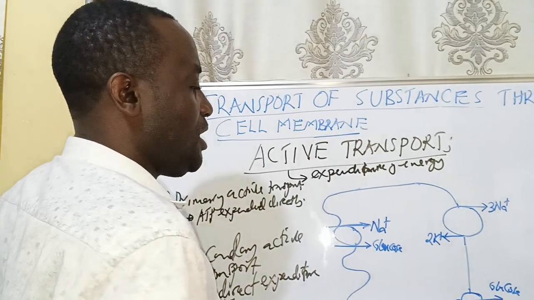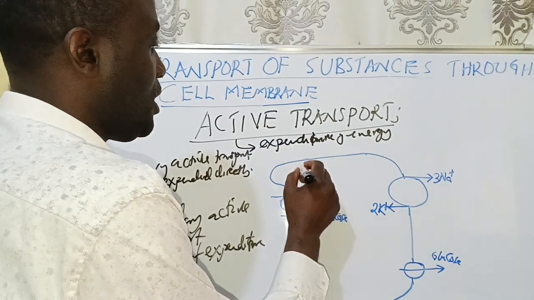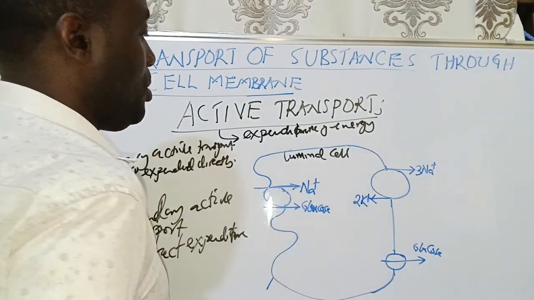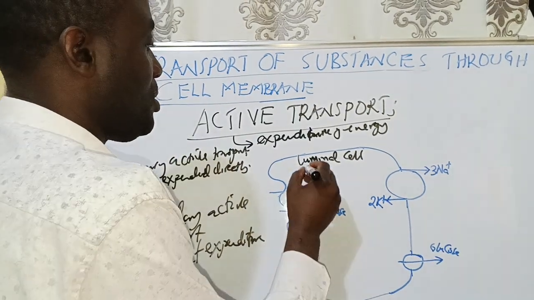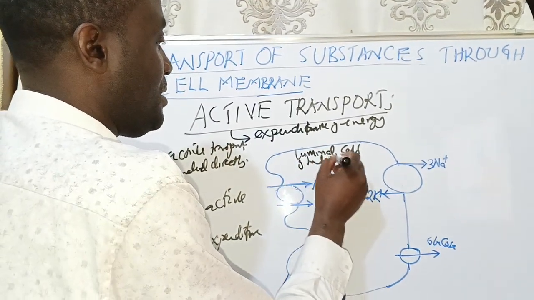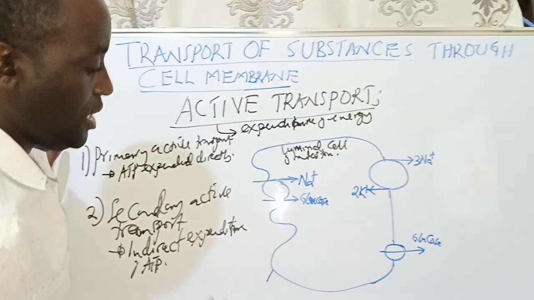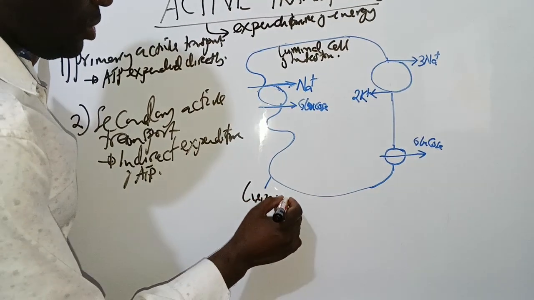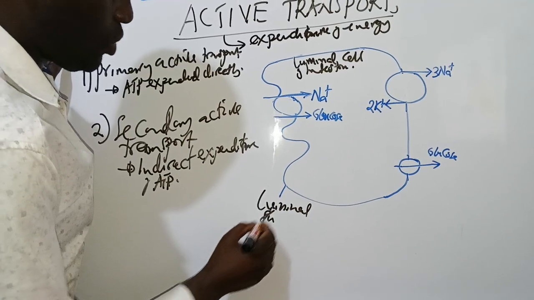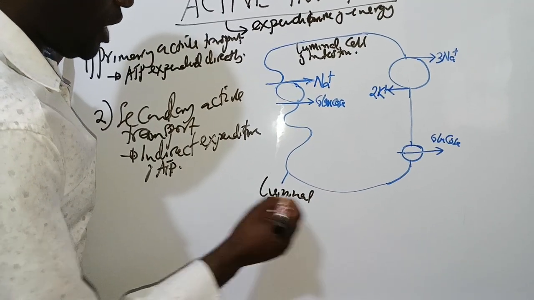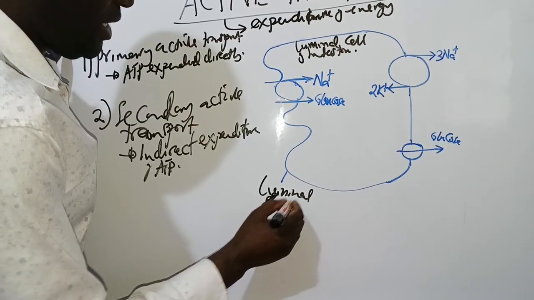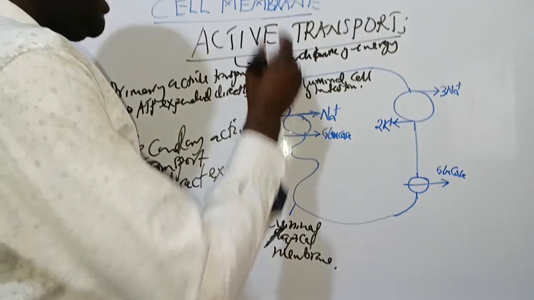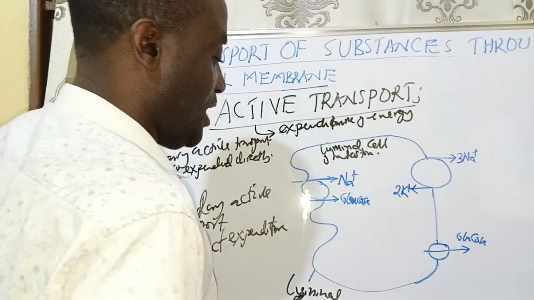Now let us use a luminal cell of your intestines. So here we have the luminal surface. You can call it luminal or apical membrane, the one lining the opening of the lumen of the intestine.